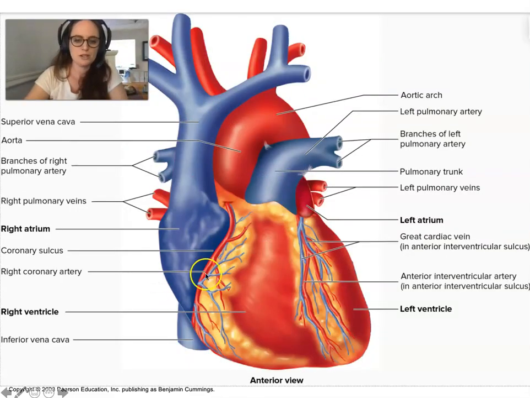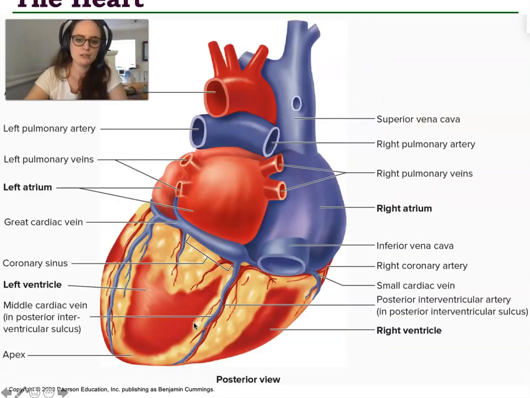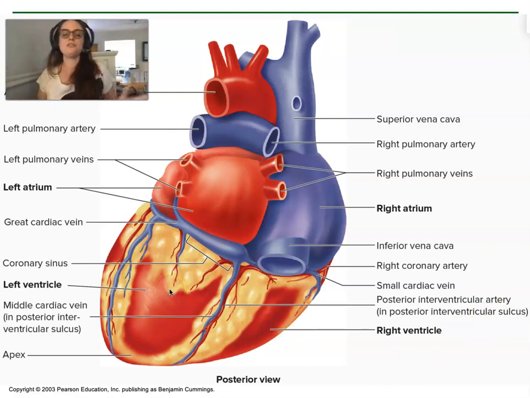Then posterior view will pick it up right over here, right coronary artery, and that's going to give you your posterior interventricular artery and the posterior interventricular sulcus. So again, we have another sulcus on the dorsal surface of the heart, separating the right ventricle from the left ventricle. So we have these superficial landmarks that tell you what chamber is deep to that structure.